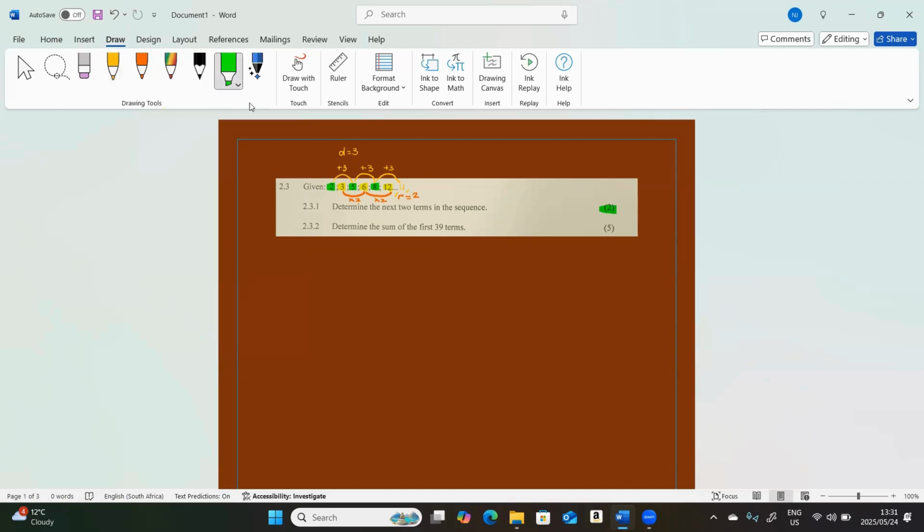Let's highlight that green to show that it's part of the green sequence, okay? And now we need one more because they ask for the next 2 terms in the sequence, okay? So we have 1, which is 11, and then we need another one, and that is then going to be part of the yellow sequence, and that is the geometric sequence where we have a constant ratio of 2.